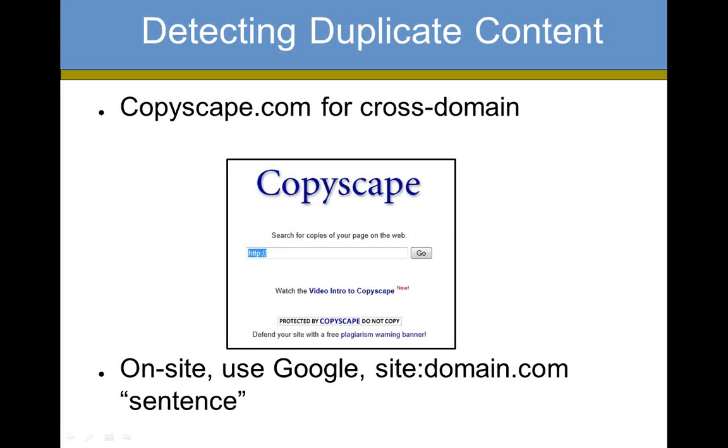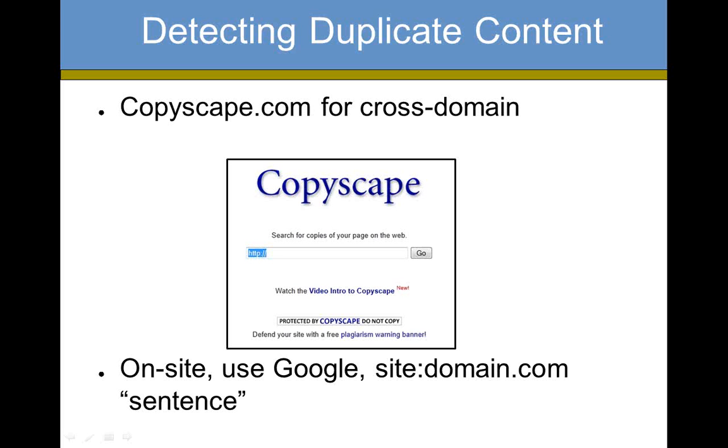So there are two key resources for this that we use. Copyscape.com is one of the best resources for determining if your content is being used on other websites. They're dedicated to protecting valuable content online. It's one of the most powerful and popular online plagiarism detection solutions, and it's been ranked #1 by a lot of independent tests. Really useful, really easy to use.